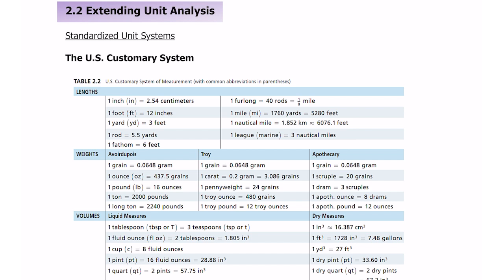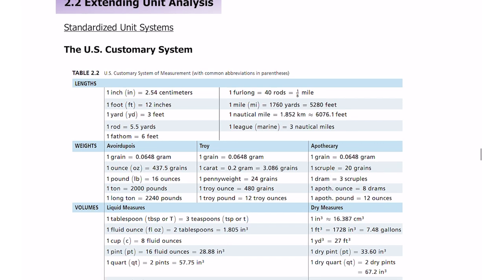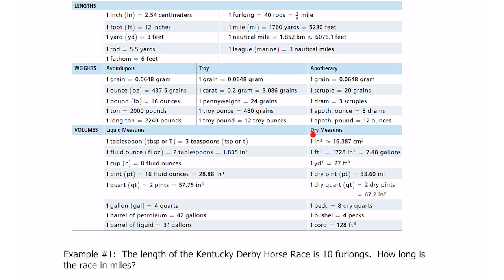And you can see units like pennyweight, troy ounce, carats, and so on. And then apothecary was used for pharmacy, for dispensing medications. So you have those there. And then you also have volumes, liquid measures, and dry measures. So this chart will be very useful to you as we're doing these problems.